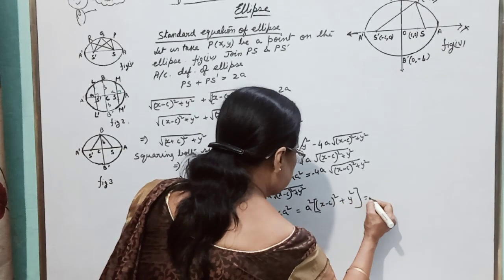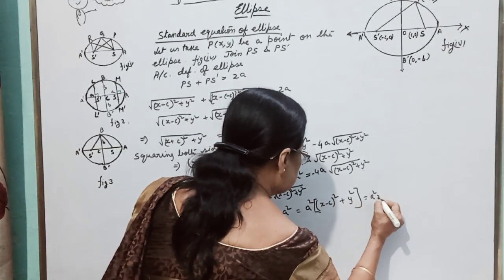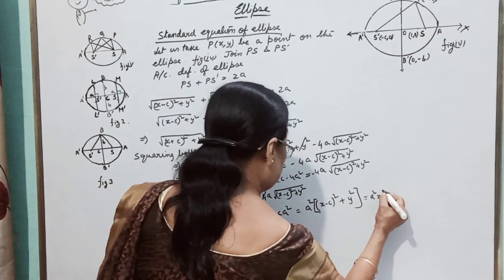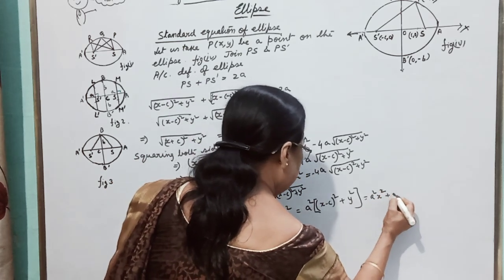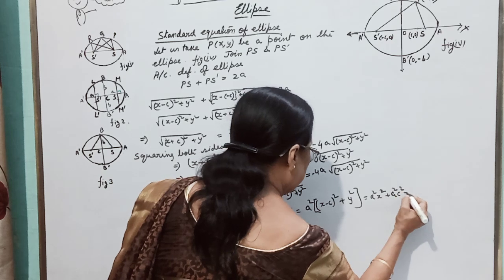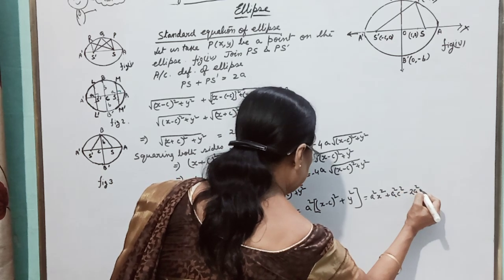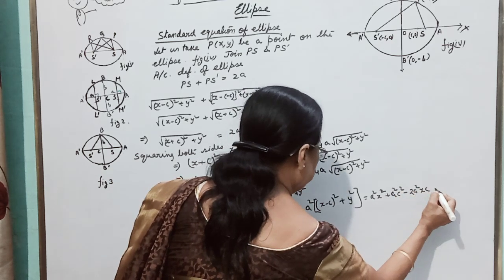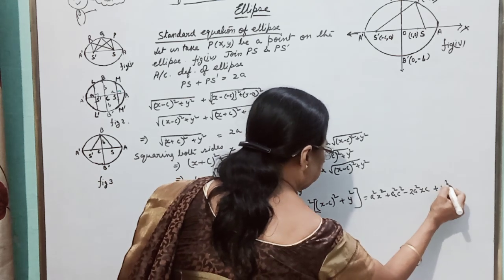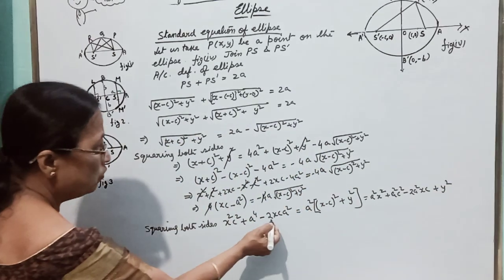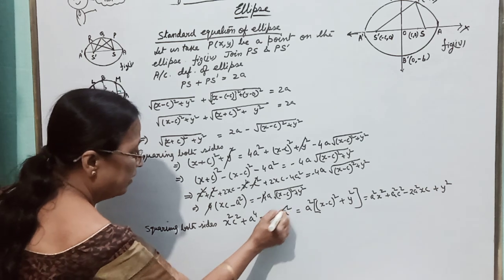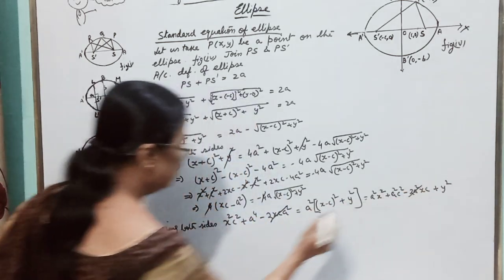So I can write this as a square x square plus a square c square minus 2a square xc plus a square y square. See, 2xc a square and a square x square cancel.